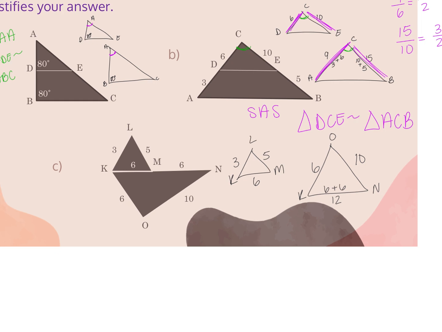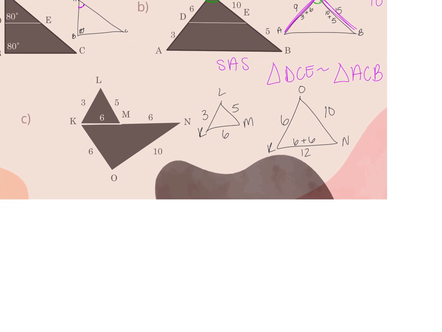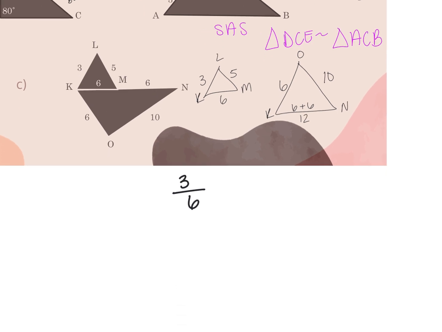Okay, please pay attention to this. How I am matching them is 3 is my smallest side, 6 is my smallest side for my other triangle. Okay, so where am I getting these? From this one and this one. Then I have 5 as my middle one, 10 is my middle one. So 5 over 10. And then the last one I'm going to have is my larger sides. So that's how I'm matching them. Always do it that way.